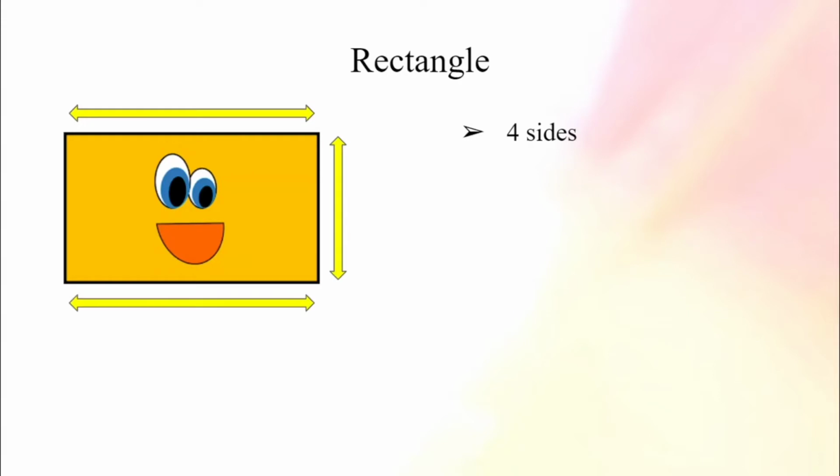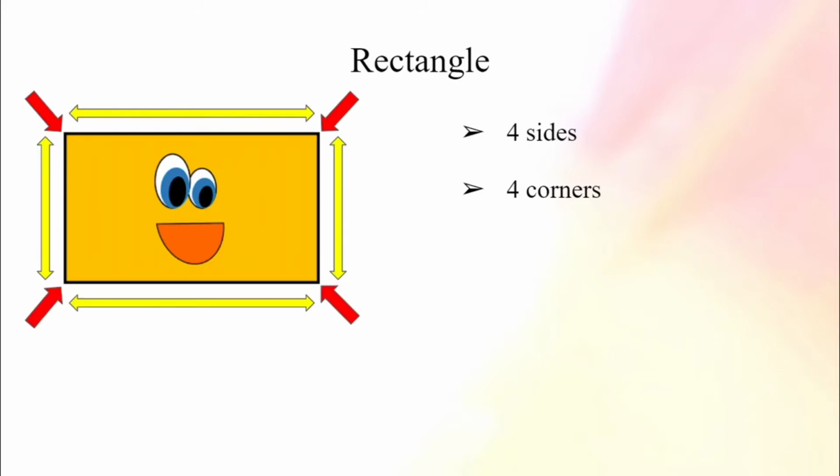Now, our next plane shape is a rectangle. A rectangle has 4 sides: 1, 2, 3 and 4. It also has 4 corners which are 1, 2, 3 and 4.